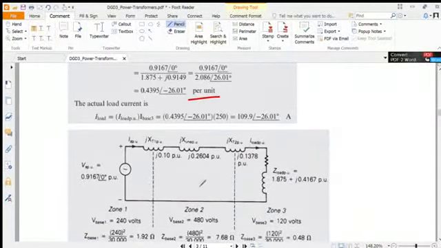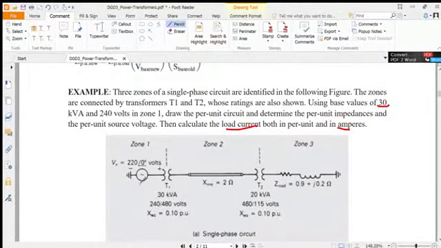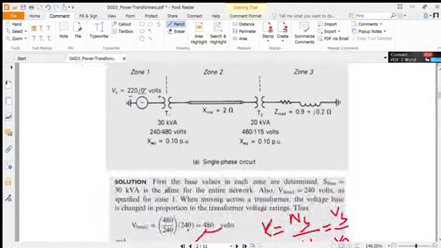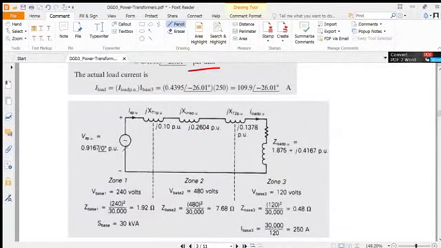So now we have to draw the per unit circuit. Go to the single phase circuit. We have four components: the generator, transformer 1, transmission line, transformer 2, and then the load. Here is the generator, with a neutral line as the reference line. Where do we get the value?